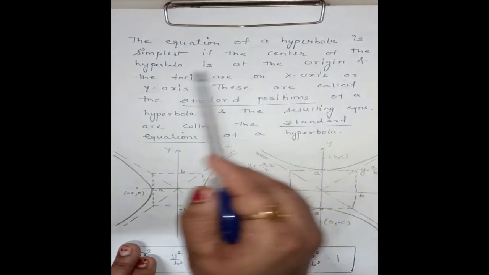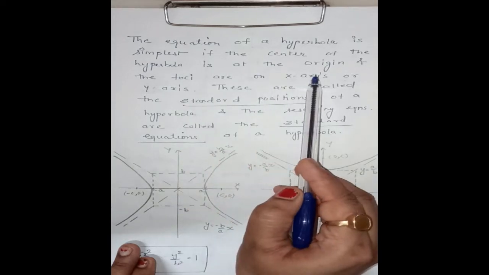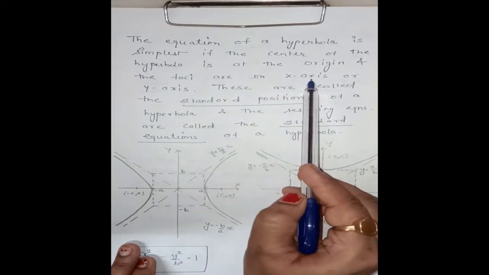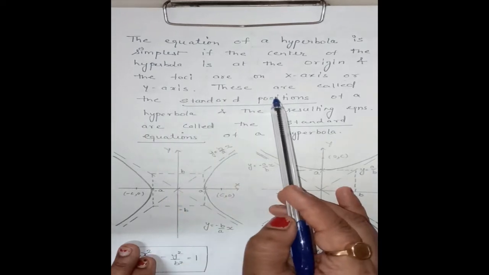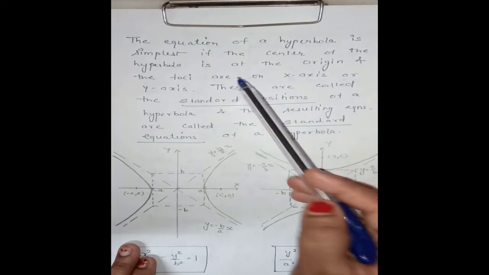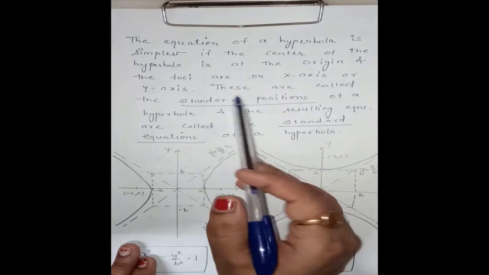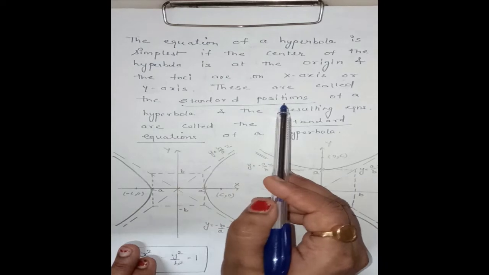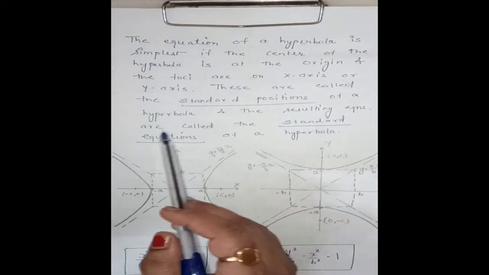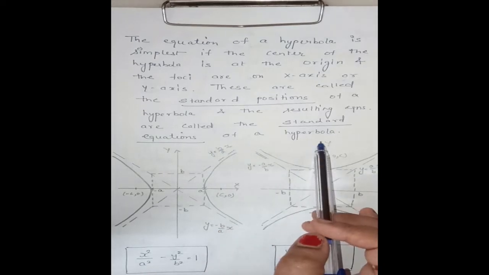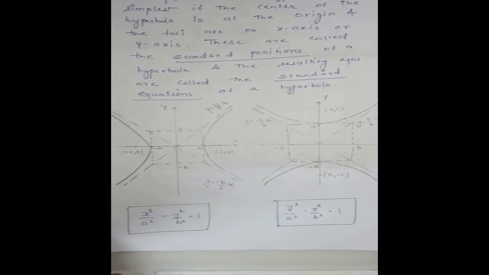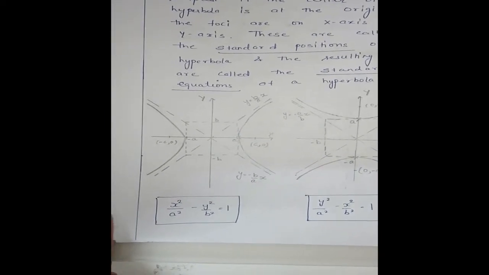If the center of the hyperbola is at the origin and the foci are on the x-axis or on the y-axis, meaning the focal axis is along the x-axis or along the y-axis, these are the standard positions of a hyperbola, and the resulting equations are called the standard equations of a hyperbola. Okay. These two are the standard equations of the hyperbola.